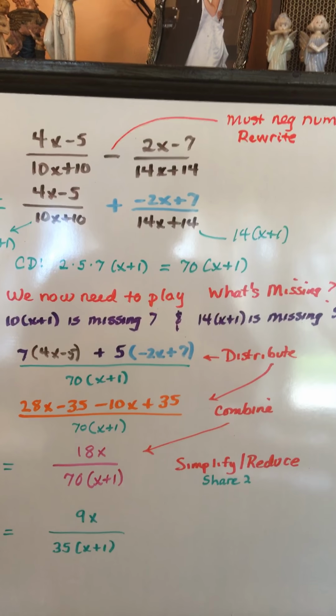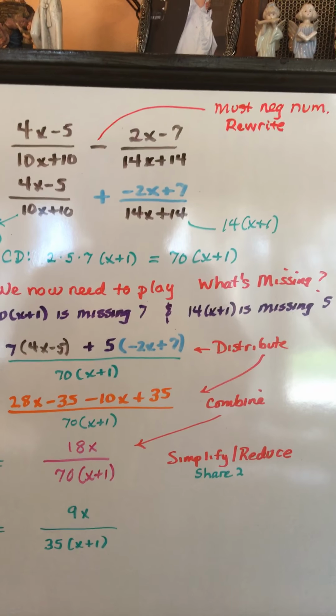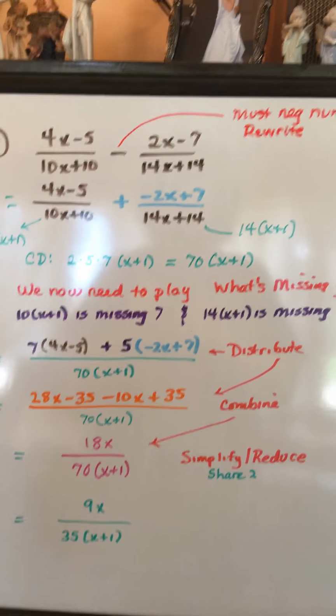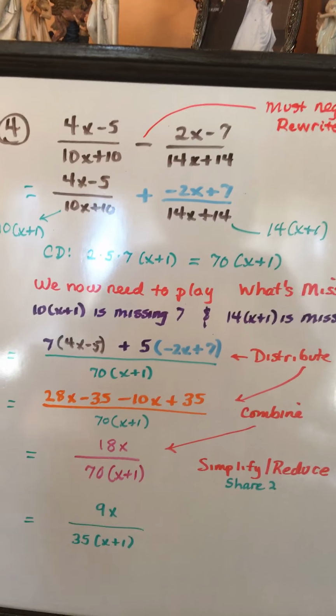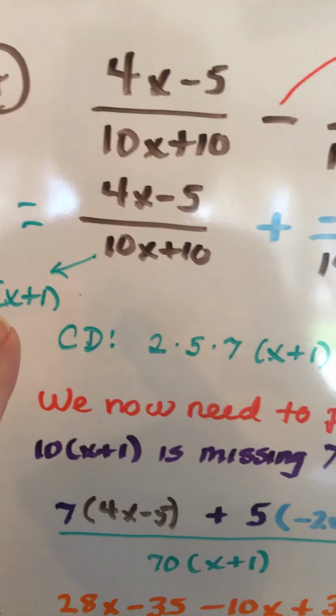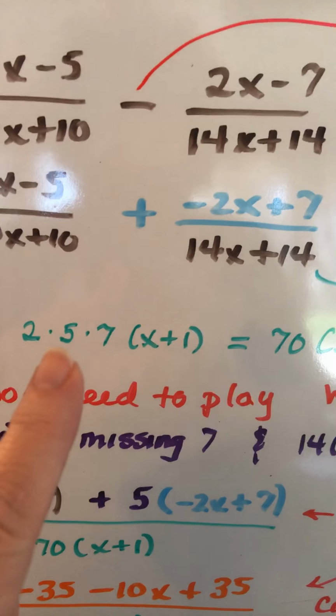Now, we've played what's missing before, and you had to do that in some of your other work when we just had plain simple numbers. So now we're going to do what's missing, and we're going to have variables. So when I look at the 10, he's missing the 7. I look at the 14, and he's missing the 5.